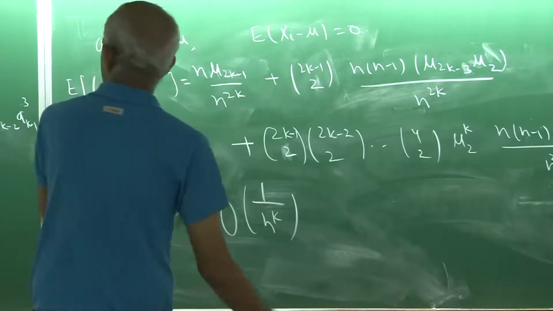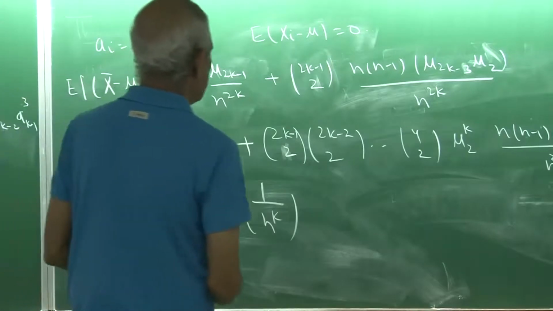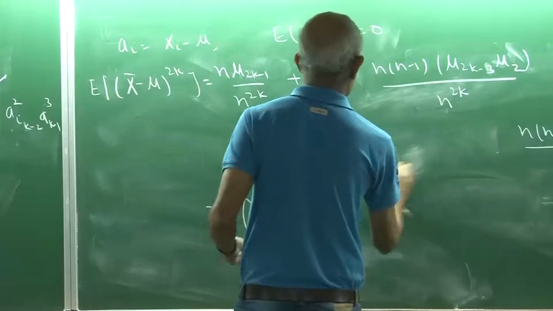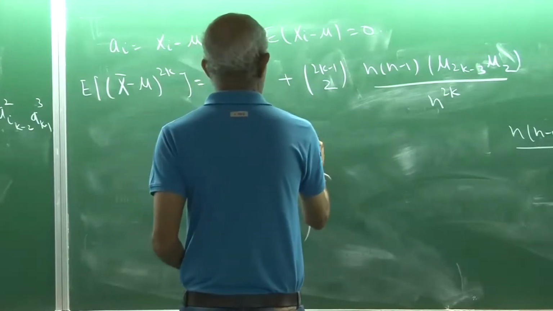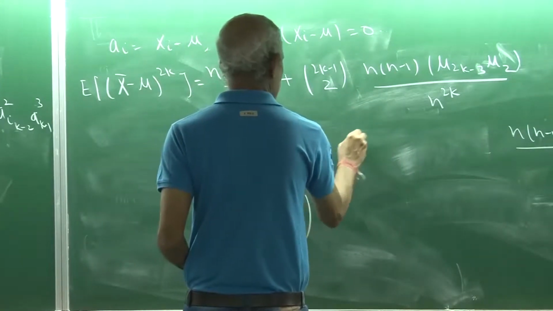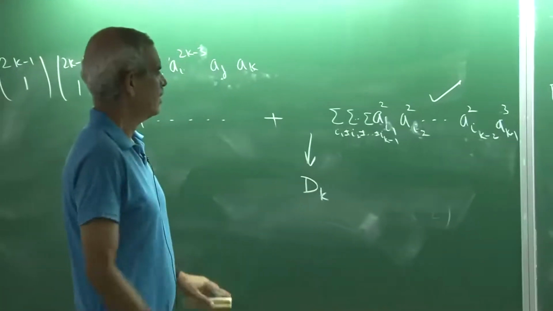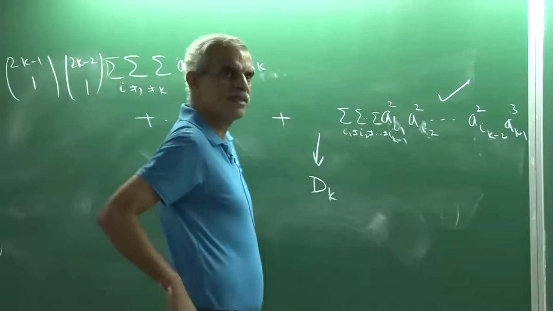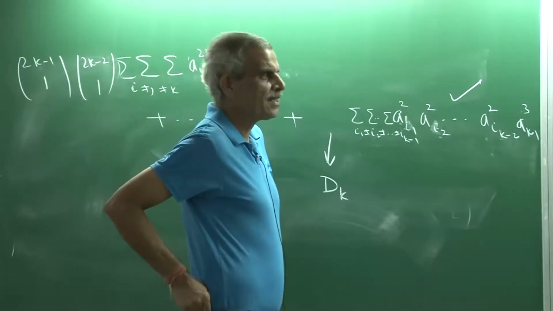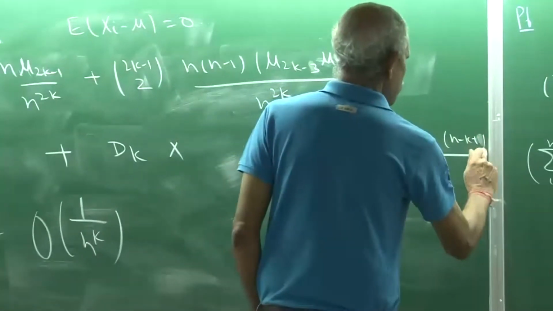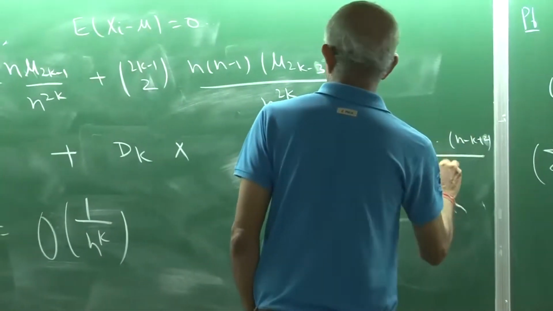Then I keep on going, and finally I get here d_k multiplied by n, n minus 1, up to n minus k plus 2, and n to the power 2k minus 1.